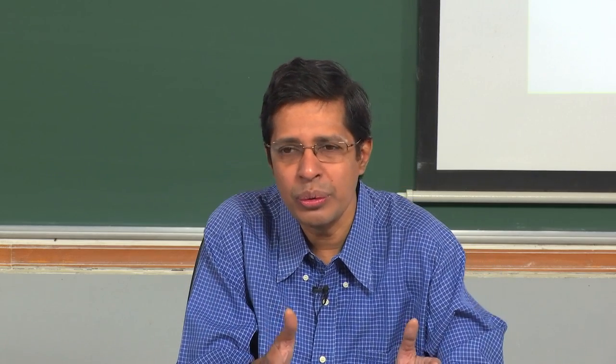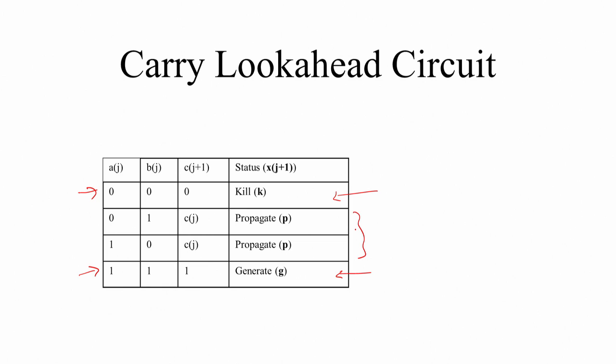So just note down this particular table. So 0 0 means the status of what? The status of the carry that I am going to pass on to the next stage, right. It can be kill, generate, or propagate. So what is a simple circuit that can realize this?